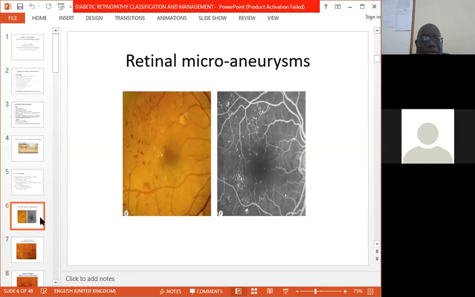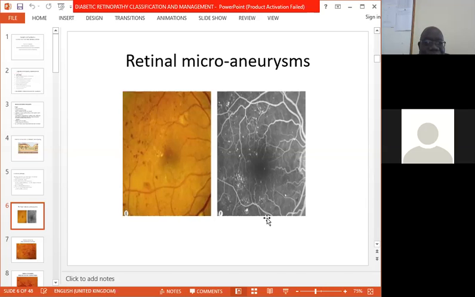Retinal microaneurysms. You can see these two pictures. This is a direct picture into the eyeball. This is a fluorescein angiography picture. After injecting the fluorescein, it travels together with the blood, and when you take a picture, there is hyperfluorescence, and this shows where the fluorescein has gone, where the blood is going.